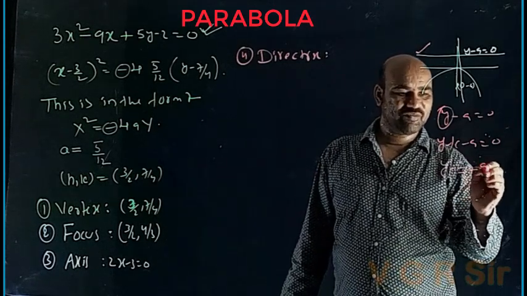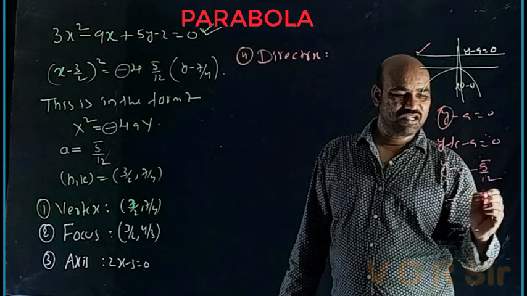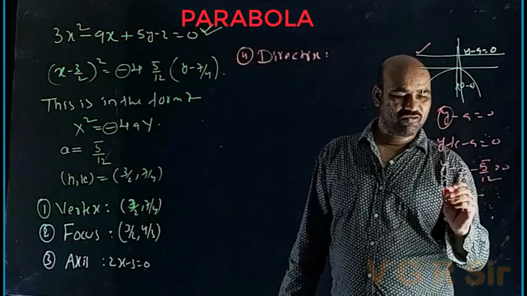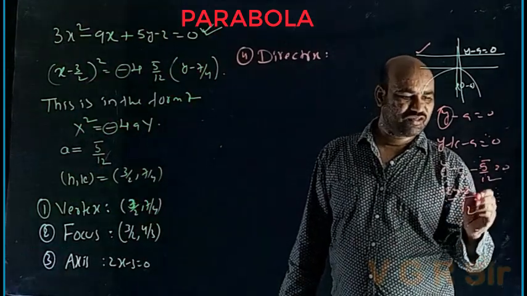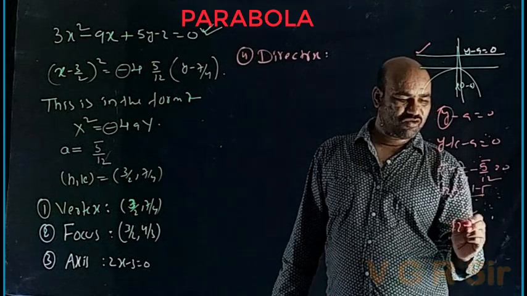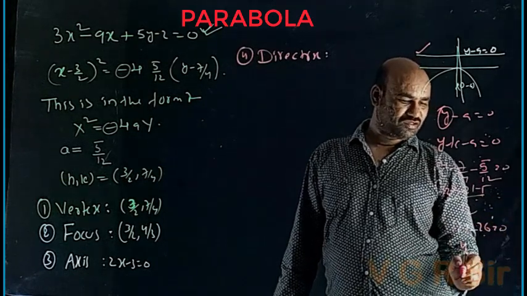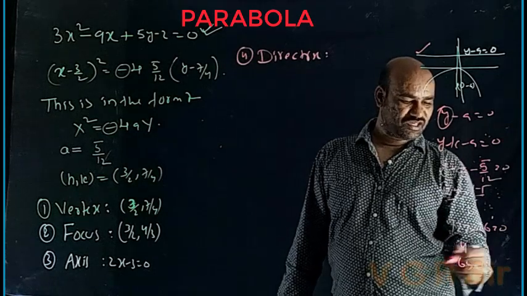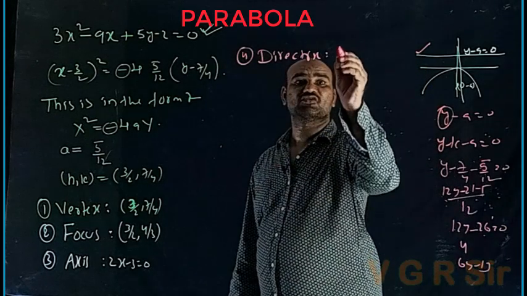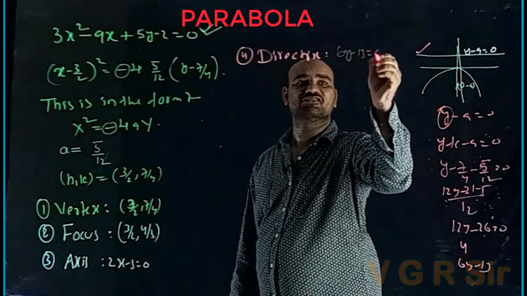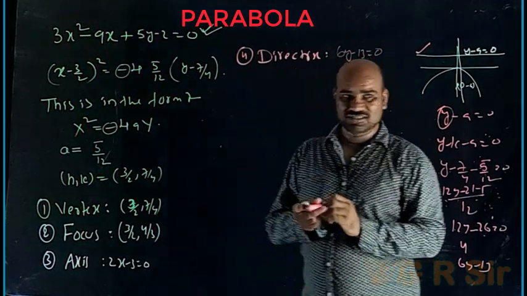What is a? 5 by 12. Taking 12 as the LCM, 12y minus 21 minus 5, that is 12y minus 26 equal to 0, or 6y minus 13 equal to 0. 6y minus 13 equal to 0 is the equation of the directrix.